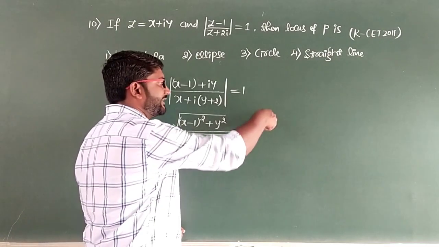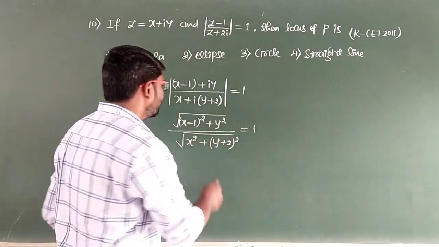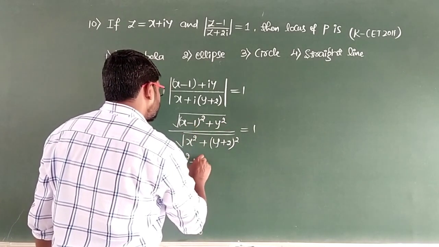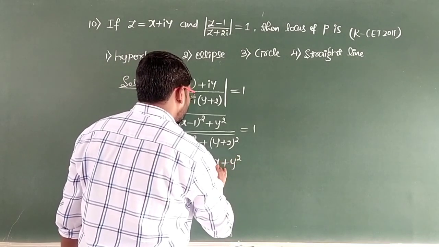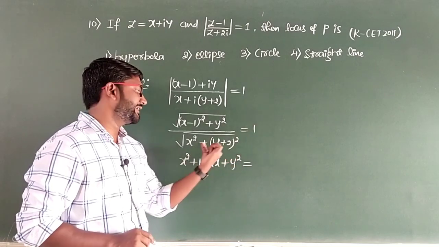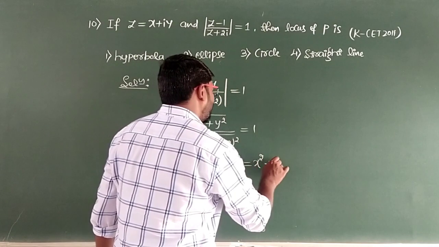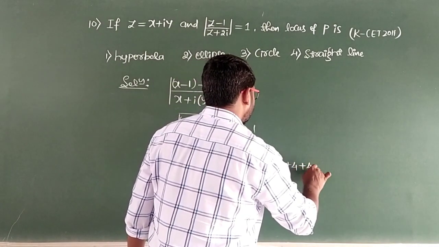After taking this to the right hand side and squaring on both sides, square roots will be eliminated, and then expand this: x square plus 1 minus 2x plus y square. Numerator I have written as it is. Then we take this to the right hand side and then expand. X square I will write as it is, plus y square plus 4 plus 4y.